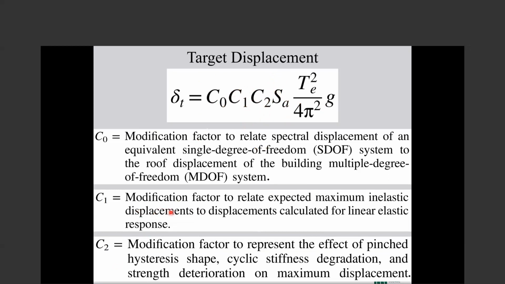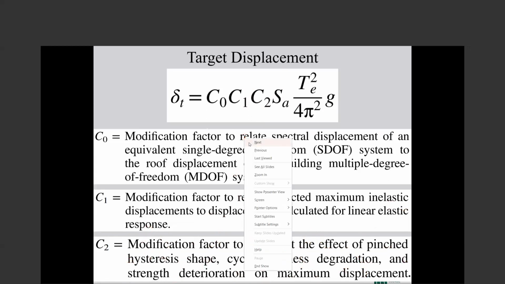So C1 is the modification factor to relate expected maximum inelastic displacement to displacement calculated for linear elastic response, and C2 is the modification factor to represent the effect of pinched hysteresis shape, cyclic stiffness degradation, and hysteresis duration on maximum displacement. So it is the effect of deficiency in detail. So look at them one by one.